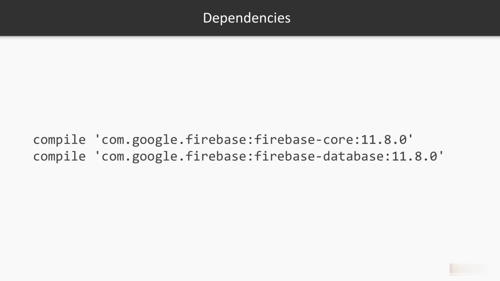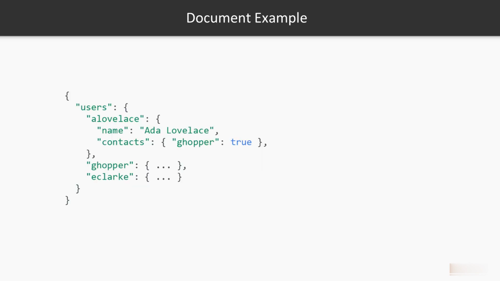As before, you'll need to set up some dependencies before you can use Firebase. So the setup here is pretty straightforward. You just include a few dependencies, Firebase core, Firebase, the database itself, and you're ready to go. The data being stored on Firebase is in a format called documents, and it differs a little bit from the usual SQLite database format where the data is stored in tables row by row.